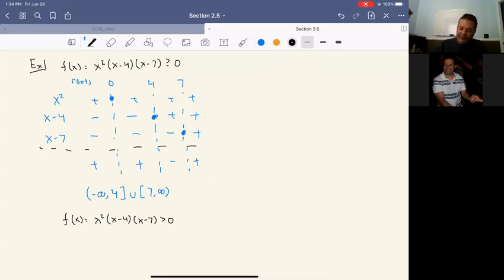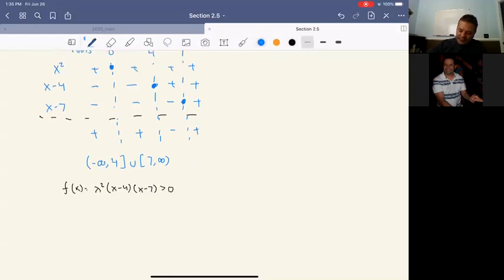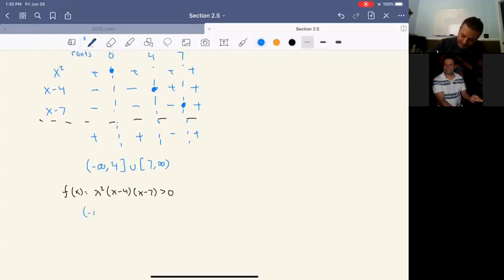Well, what happens is now we can no longer include the zeros. So 0, 4, and 7 have to be thrown out. Okay? So our new region would be negative infinity to 0. We're throwing out 0. From 0 to 4. And then again, from 7 to infinity.